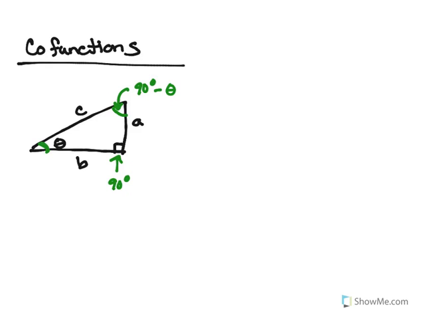Okay, so I've labeled the side lengths. What is sine of theta given these side lengths? Sine is opposite over hypotenuse, so the opposite side length is A, C is the hypotenuse. Now sine's cofunction is cosine.